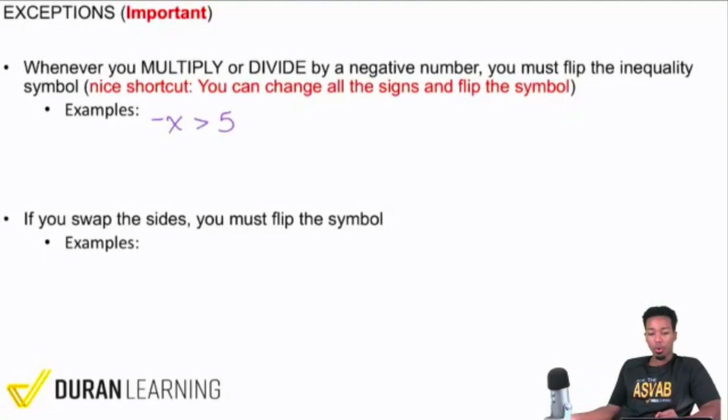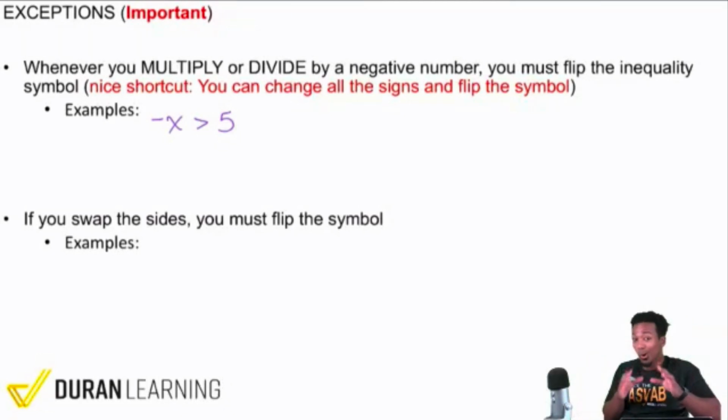Let's talk about that real quick. Everybody, there's a negative symbol in front of the X. And what do we always say? If there isn't a number in front of the variable, what number is always there? It's always going to be 1.